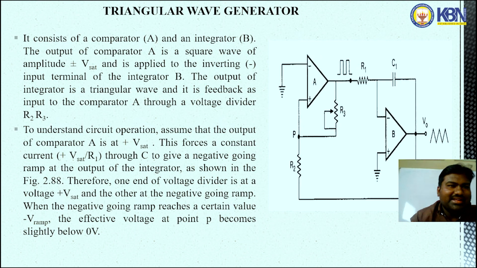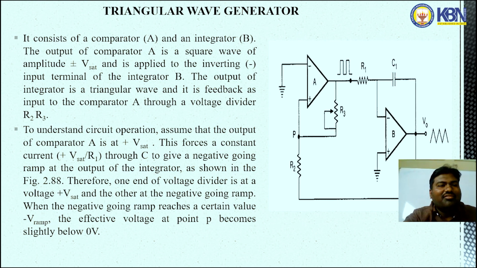Triangular wave generator. It consists of a comparator and an integrator. That means the comparator output follows the input of the integrator circuit. The output of the comparator will be a square waveform, with amplitude of plus or minus Vsat, which is applied to the inverting input terminal of the integrator.